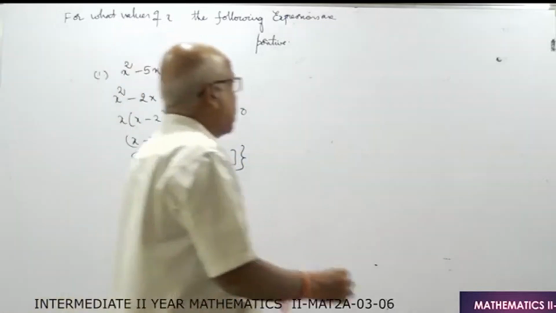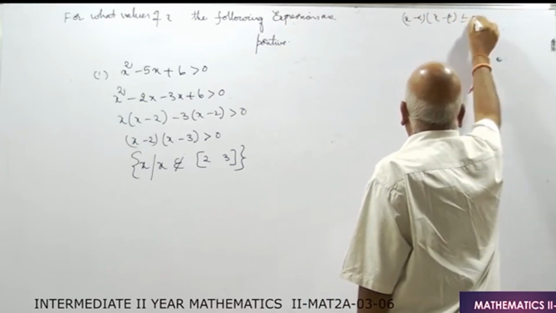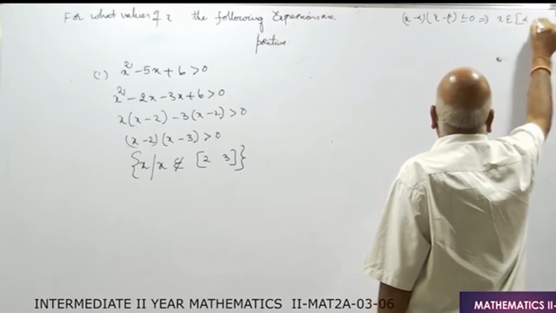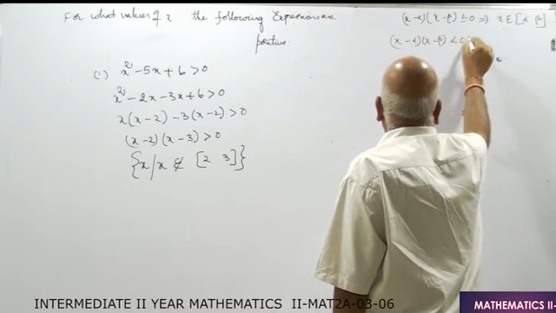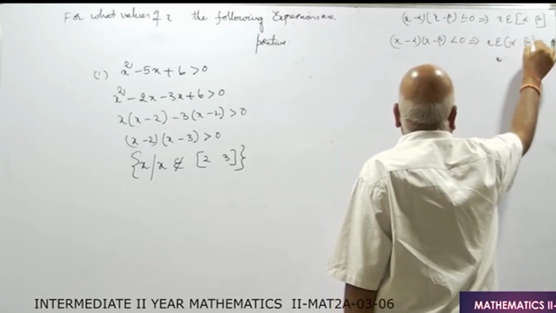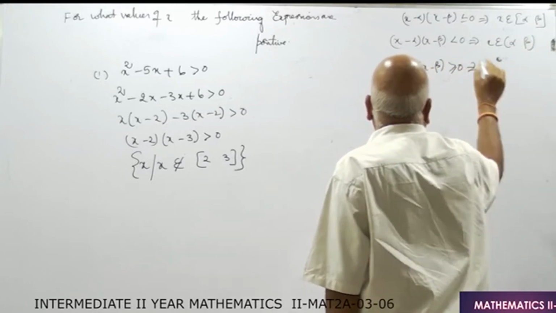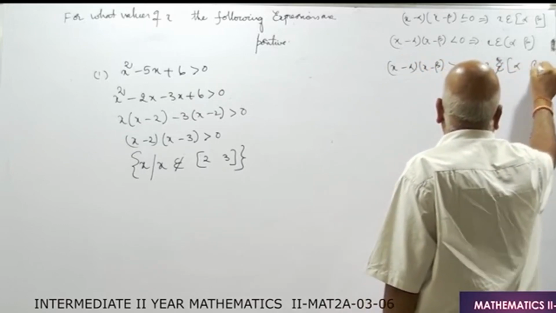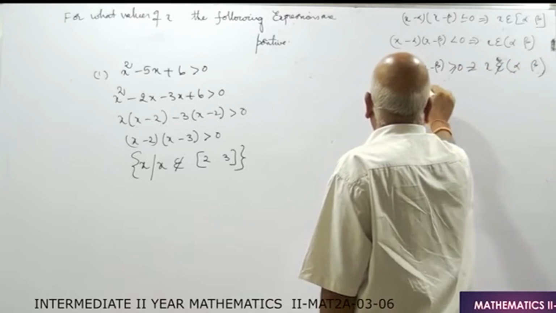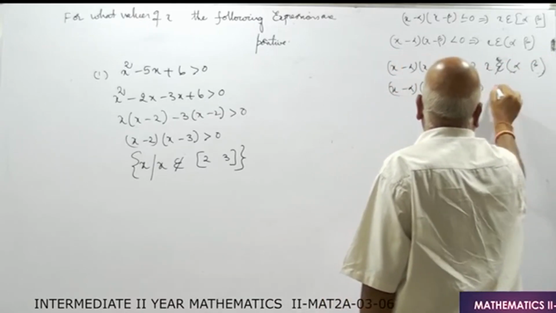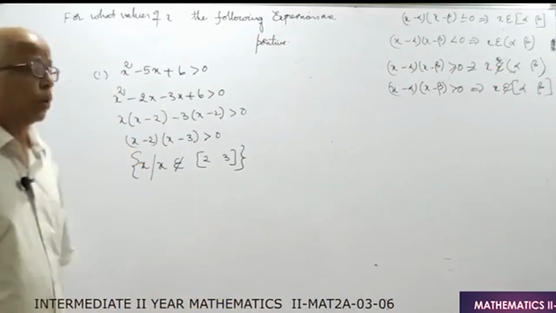How did I write this one? I will rewrite the supporting rules here. x minus alpha into x minus beta less than or equal to 0: x belongs to the closed interval alpha, beta. x minus alpha into x minus beta less than 0: x belongs to the open interval alpha, beta. x minus alpha into x minus beta greater than or equal to 0: x does not belong to the open interval alpha, beta. x minus alpha into x minus beta greater than 0 implies x does not belong to the closed interval alpha, beta. These four supporting rules we shall take up.